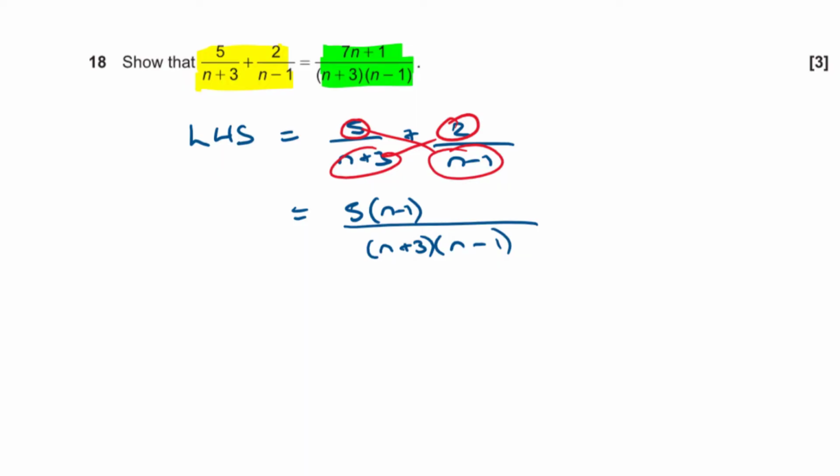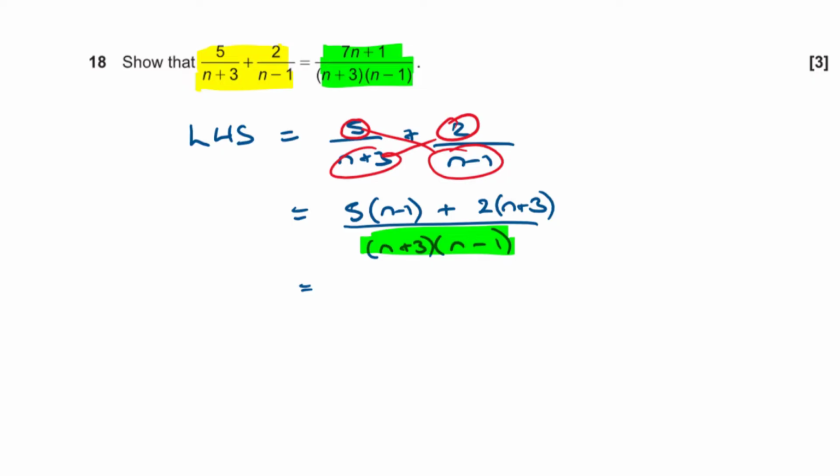Okay, so then 5 lots of n minus 1 plus 2 lots of n plus 3, that's on the top. Now if you have a look at the green box, the bottom bit is looking fine now, isn't it? This is already matching, so I don't have to do anything else with the bottom part. It's the top part I need to get to look like the top part of the other one.